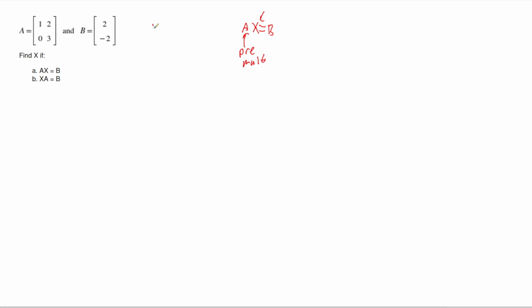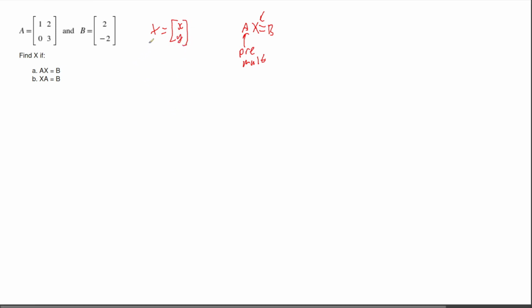Now that unknown matrix X is usually considered as being x and y, but it can just be the matrix X on its own as well.